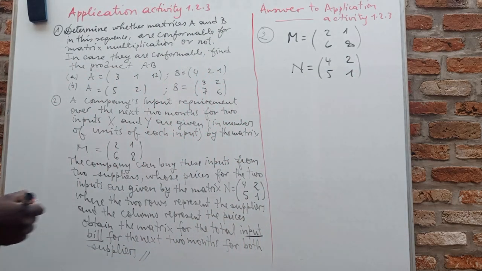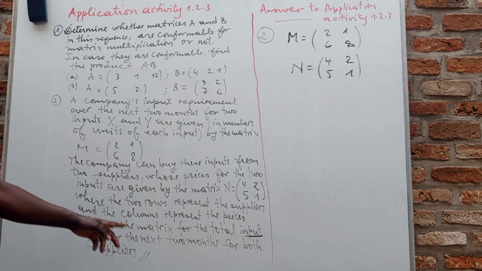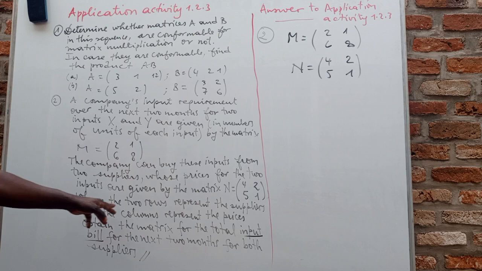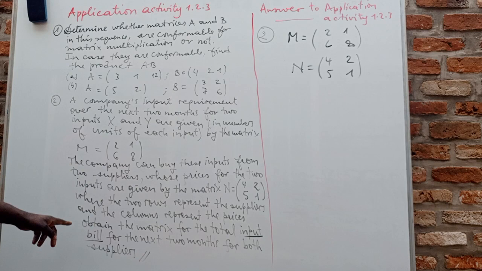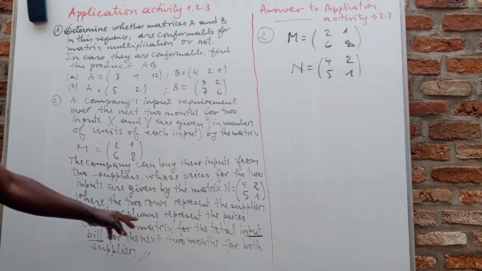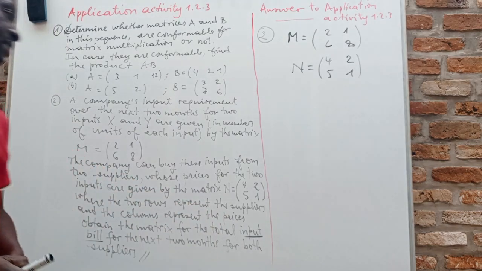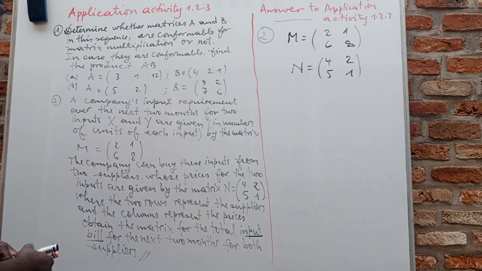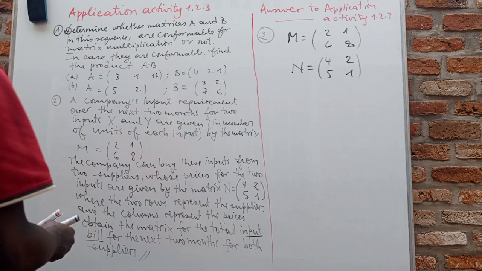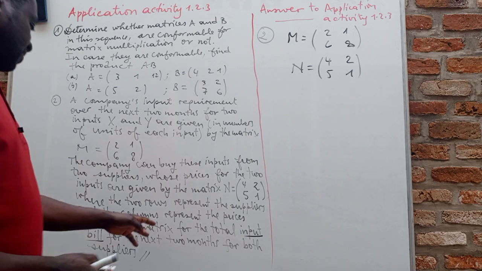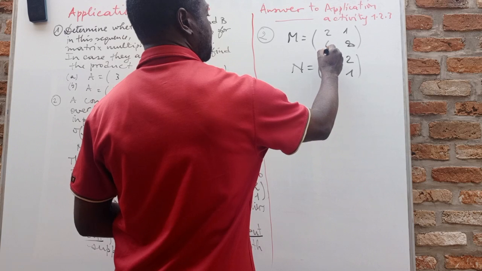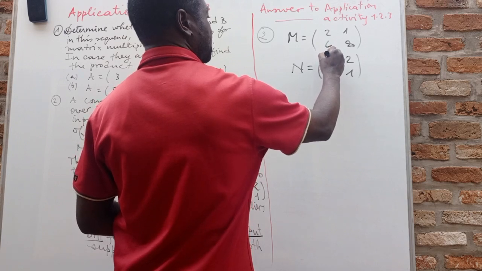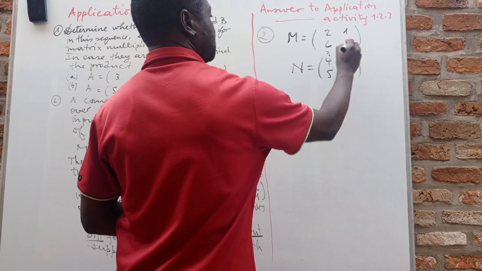The additional information is that the two rows represent the suppliers, and the columns represent the prices: price one, price two, for example.